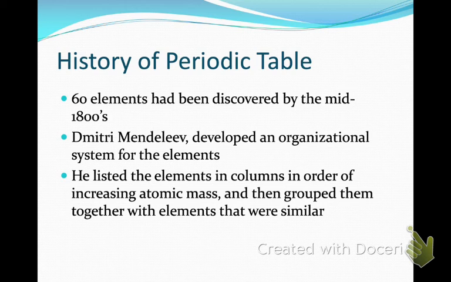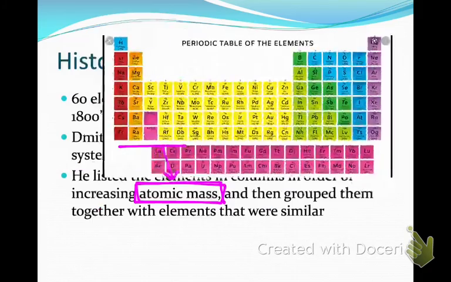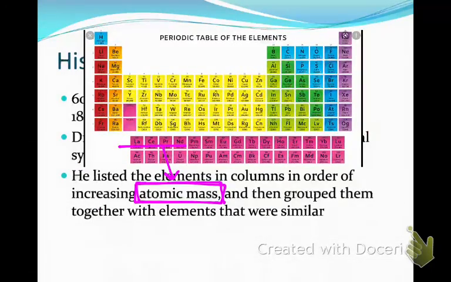His periodic table listed the elements in columns in order by atomic mass. Then he grouped them by elements that behaved similarly. So I want you to understand that Mendeleev, the very first periodic table, he grouped by atomic mass. When we look at our periodic table today, we know that it really is not going by atomic mass, but it's going by atomic number, right?